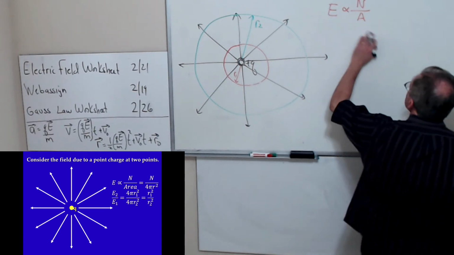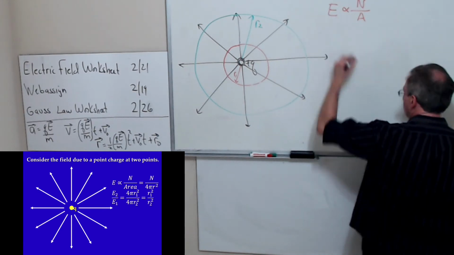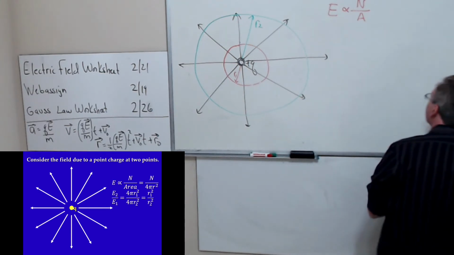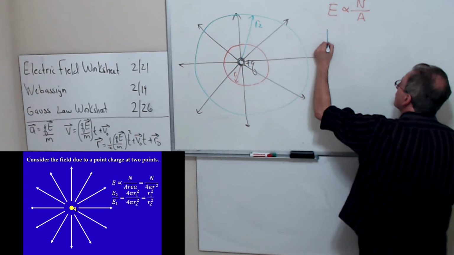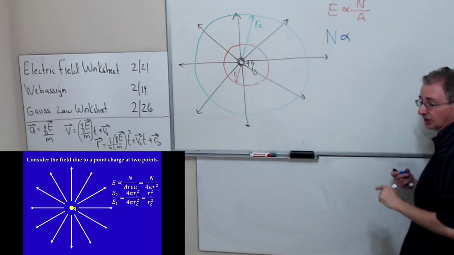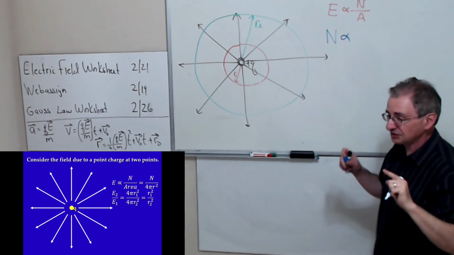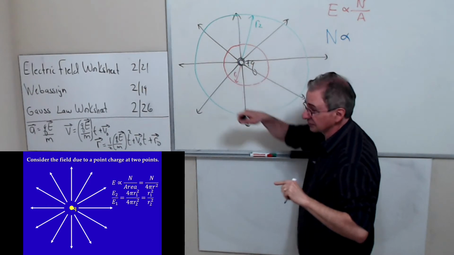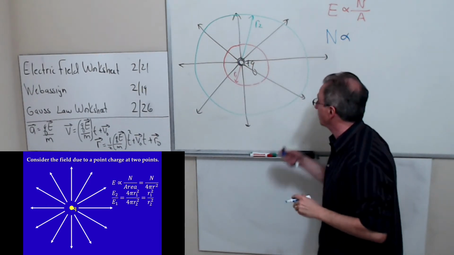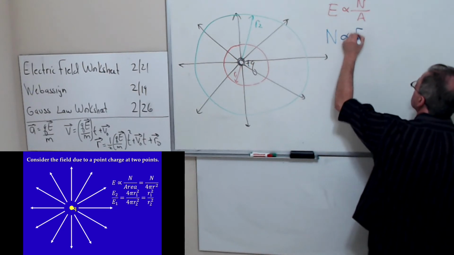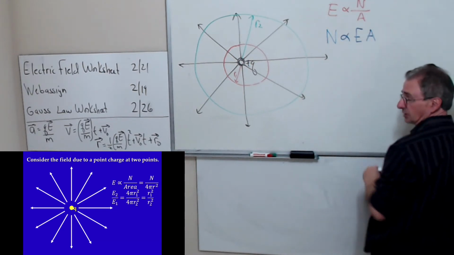If E is proportional to N over A, then it's also true, I'll write this in a different color quickly, that the number of lines passing through each one of those imaginary surfaces, and I say imaginary with emphasis because these are not real spheres, I'm just using them to try to understand what's going on here, then N is proportional to E times A. Does that make sense?